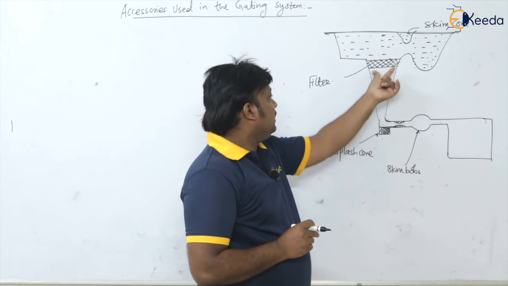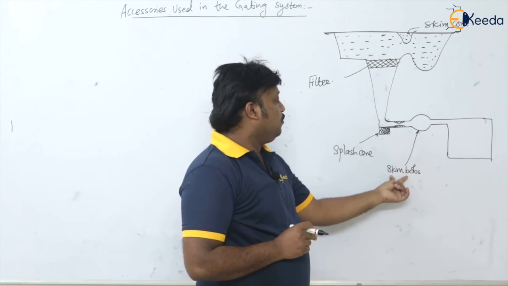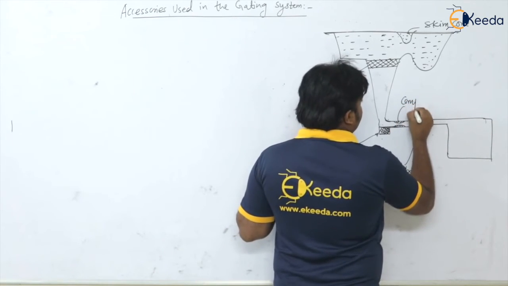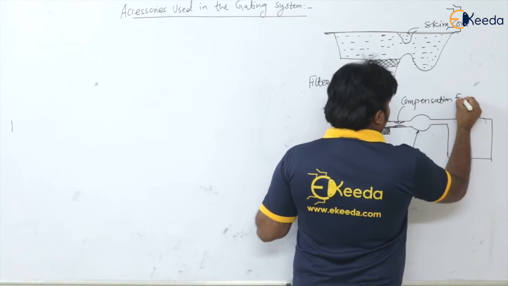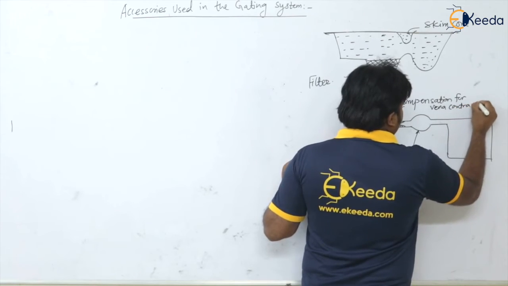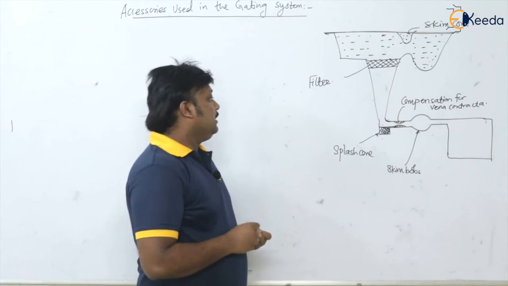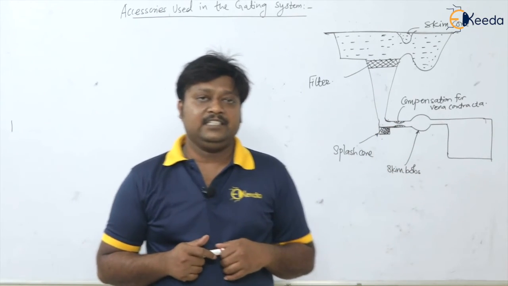That is, you can see here is a filter, this is the splash core and the skim bobs, and here is the compensation for vena contracta. Okay, so these are generally the accessories used with the gating system.